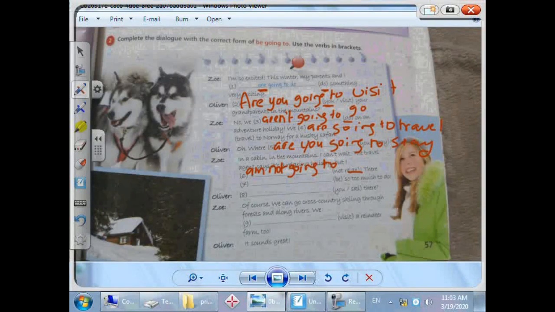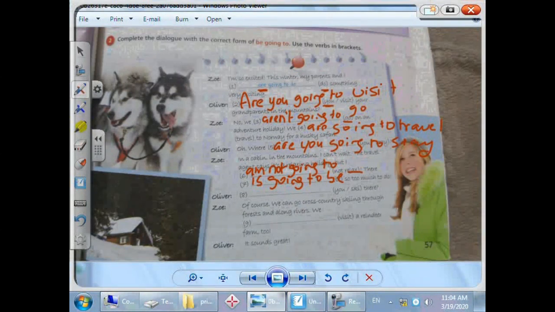I am going to be. There is going to be so much. There is going to be too much to do.